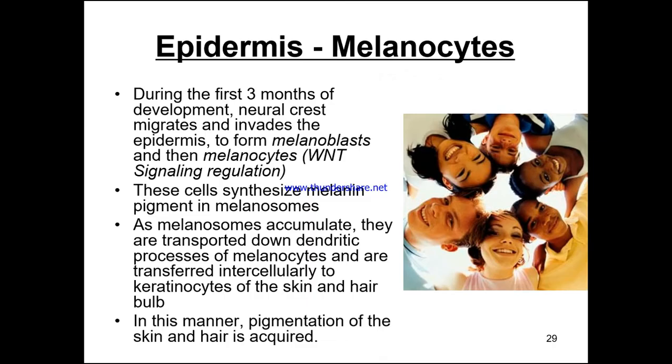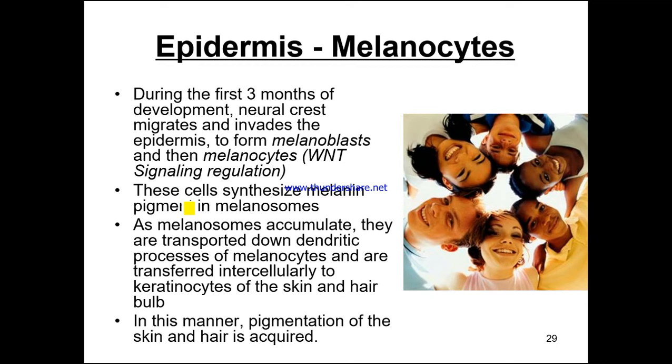So, the epidermis and the melanocytes. During the first 3 months of development, the neural crest cells migrate and invade the epidermis to form the melanoblasts and the melanocytes, with WNT signaling regulation. These cells synthesize melanin pigment in melanosomes.